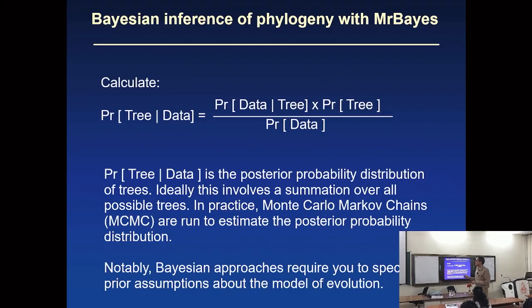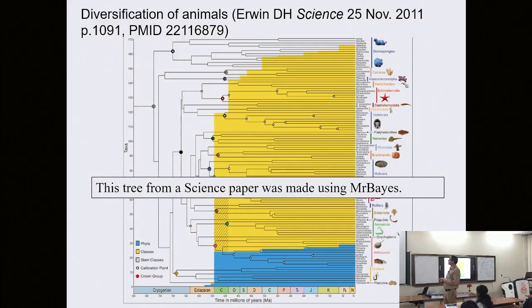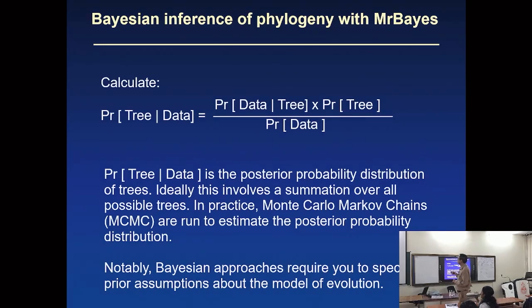So this is the concept of Bayesian phylogenetics. Clear? The next approach. Here is a tree made using a Bayesian method, a famous method for constructing phylogenetic trees based on the Bayesian method, MrBayes, developed by researchers at University of California, Berkeley.